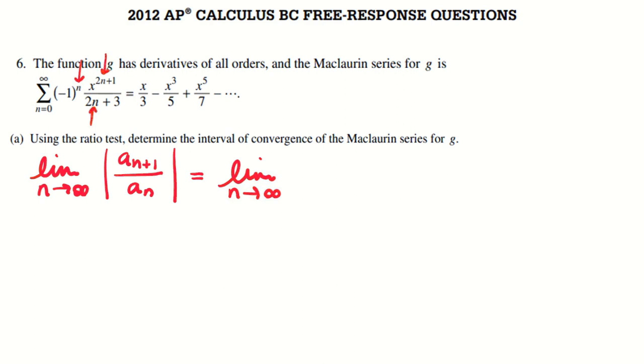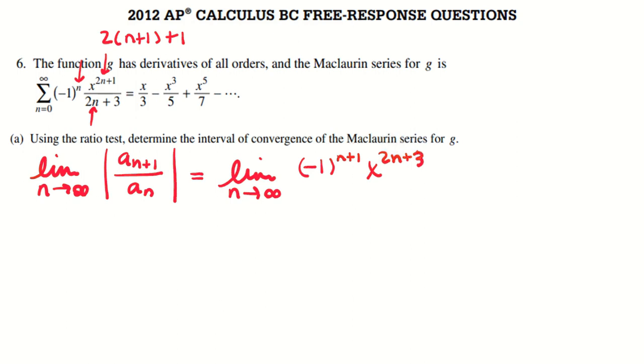So I'll have negative 1 to the n plus 1 in the numerator. Then I'll have x to the 2 times n plus 1, plus another 1, so that'll be 2n plus 3.